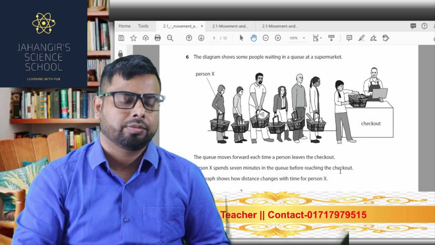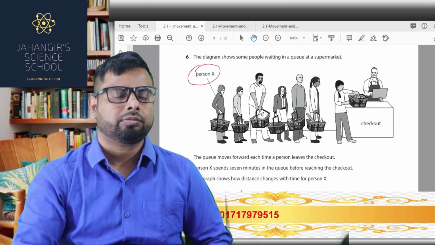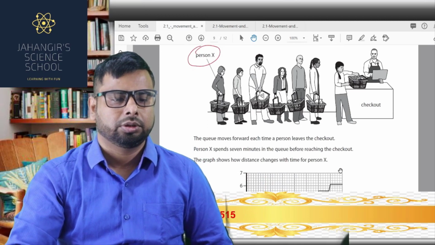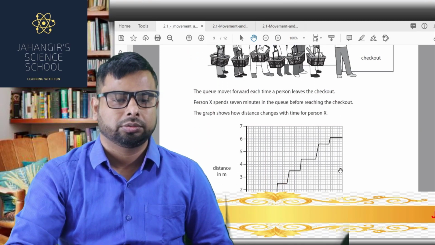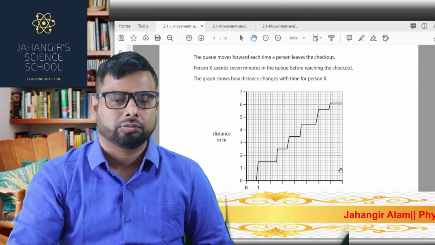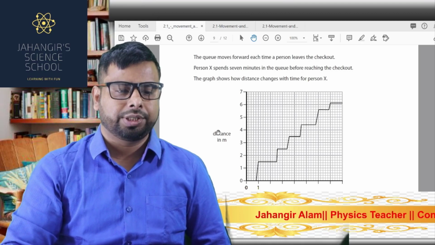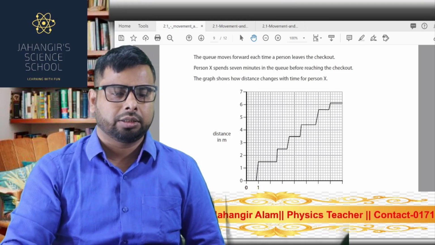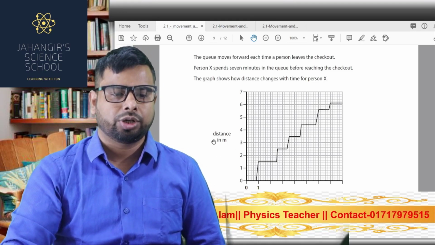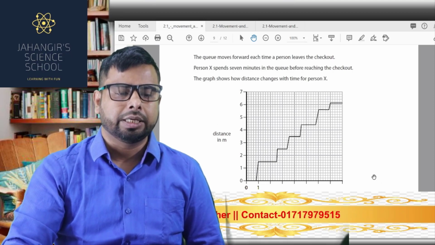Here is person X. Here is a distance time graph, distance in meters and time in minutes.